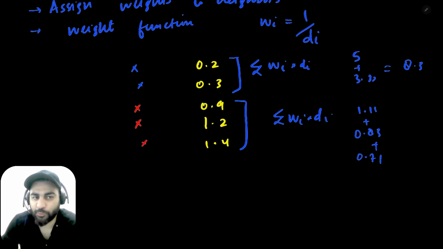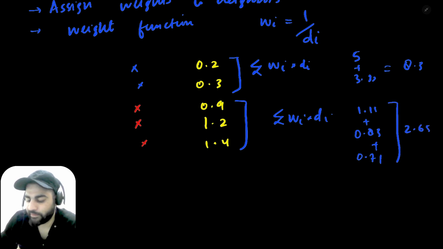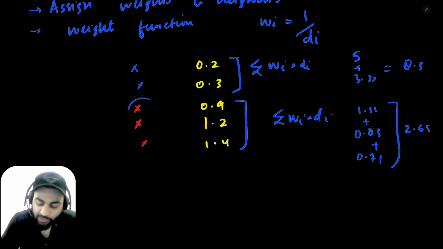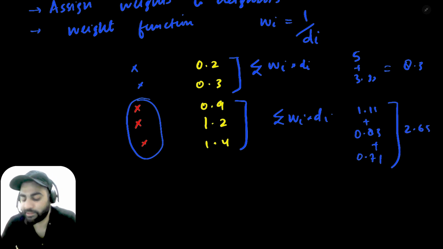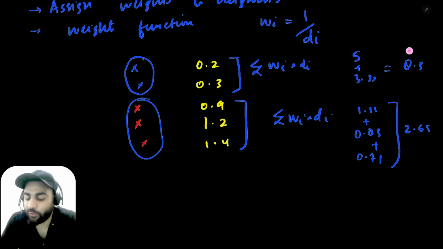If you add these up, the exact value is 2.65. So these points got an overall value of 2.65, and these 2 points got a value of 8.3. So who wins? These points win, so we'll label it.